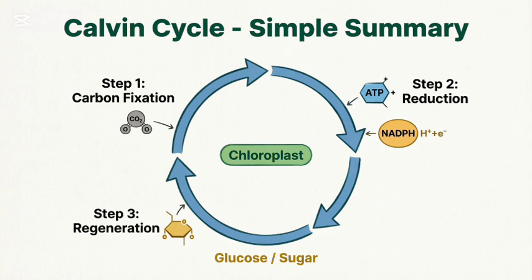And then in the last step, the remaining 5 molecules of 3 carbon rearrange themselves and form the 5 carbon molecules again, and this cycle continues 2 times to form 1 molecule of glucose.